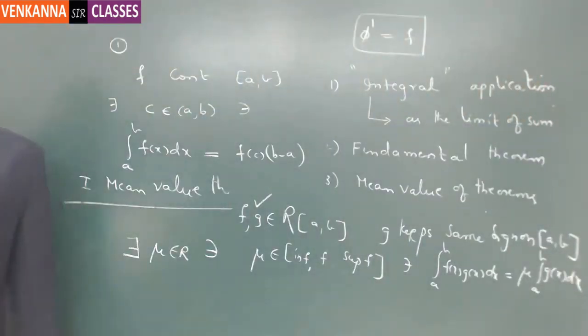This is the statement of first mean value theorem. This result is very useful while proving the inequalities and evaluation of the integrals. So please take a note of it.